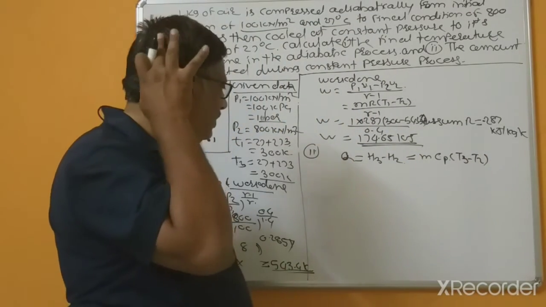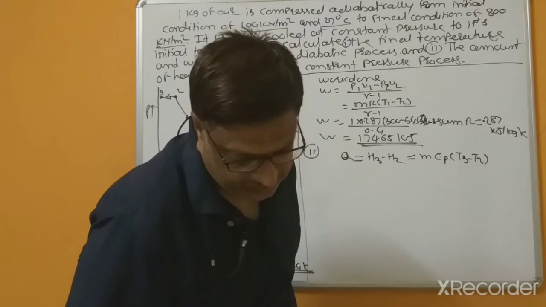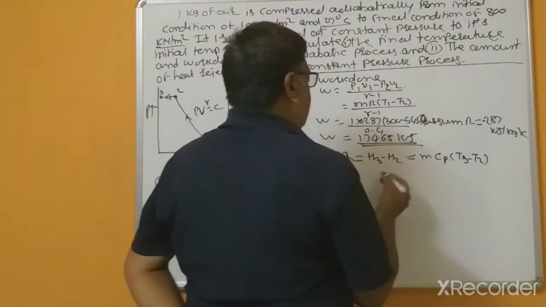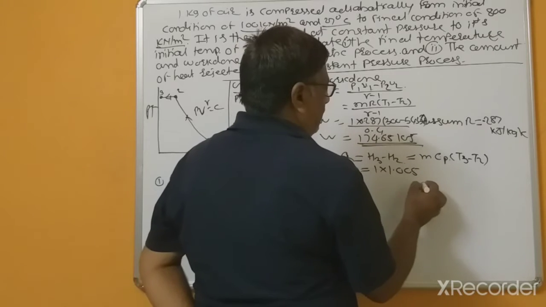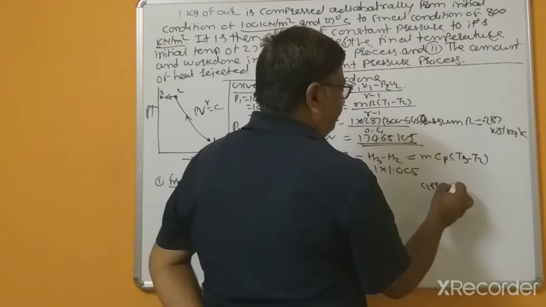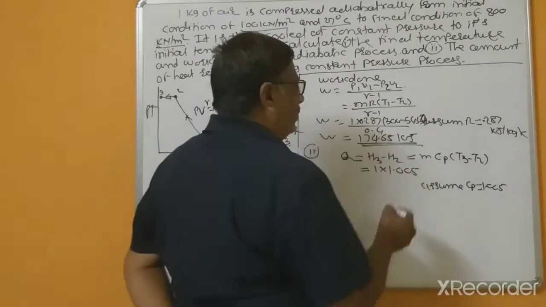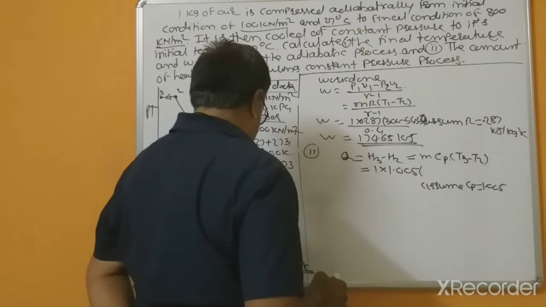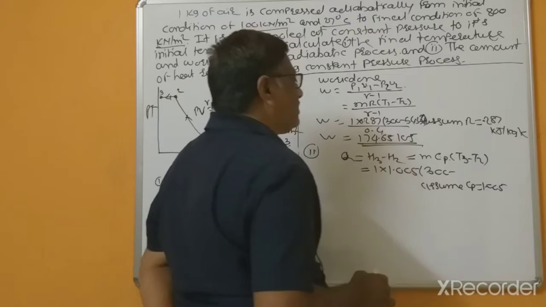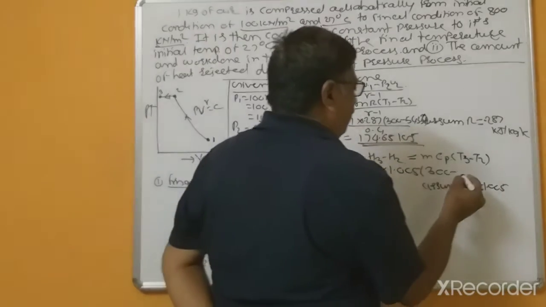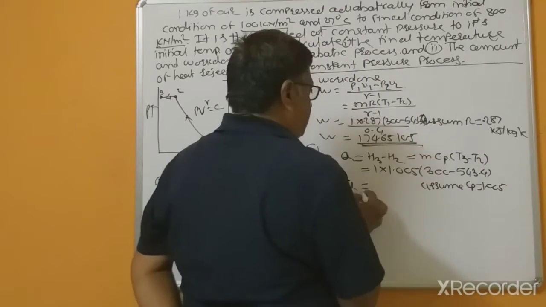Cp equals 1.004 or 1.005, so here 1 into 1.005. We assume this is the standard value of Cp. T3 is 300 minus the T2 temperature, 543.4.